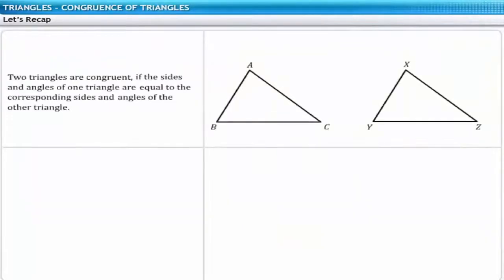Let's recap. Two triangles are congruent if the sides and angles of one triangle are equal to the corresponding sides and angles of the other triangle.